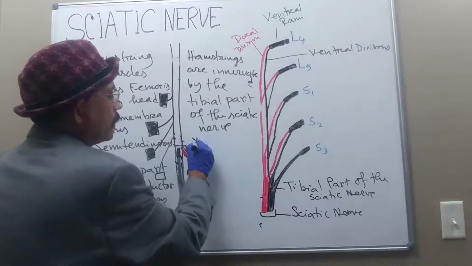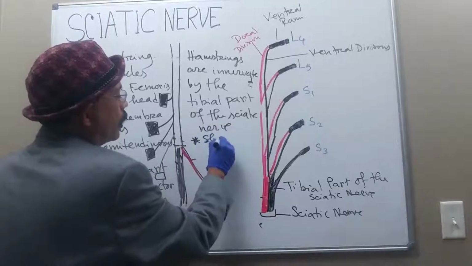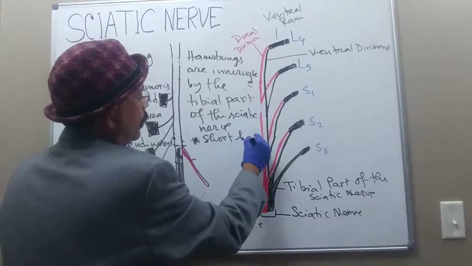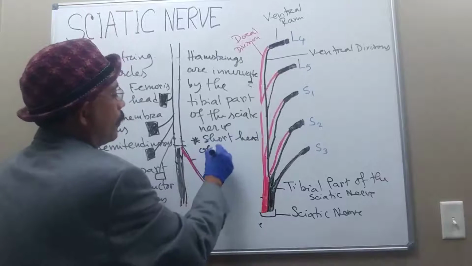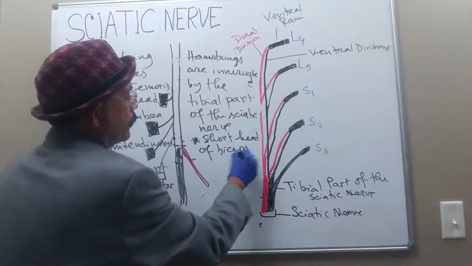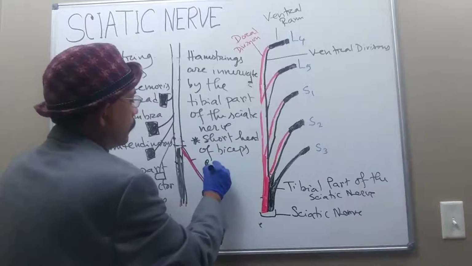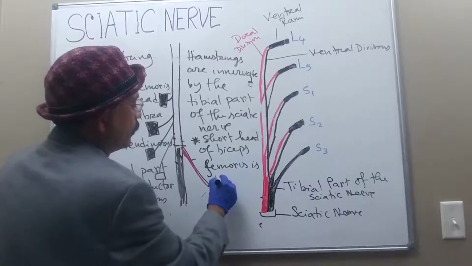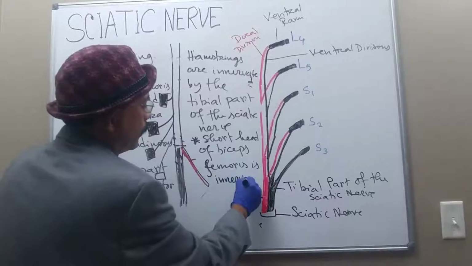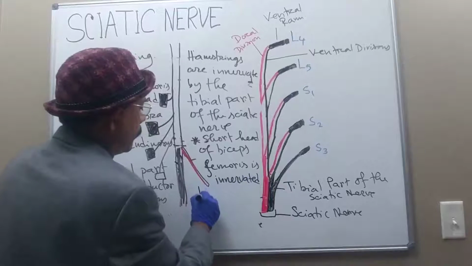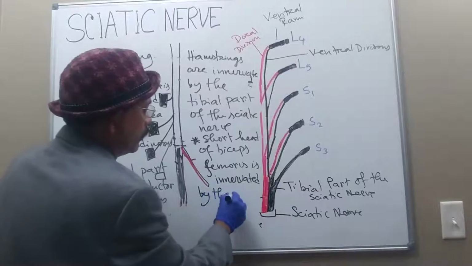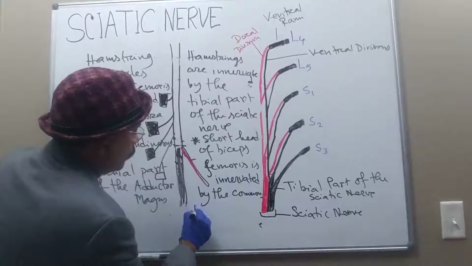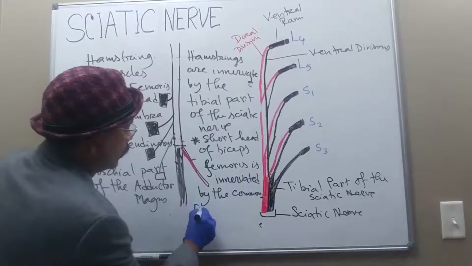Okay. Here, short head of biceps femoris is innervated by the common fibular part of sciatic nerve.